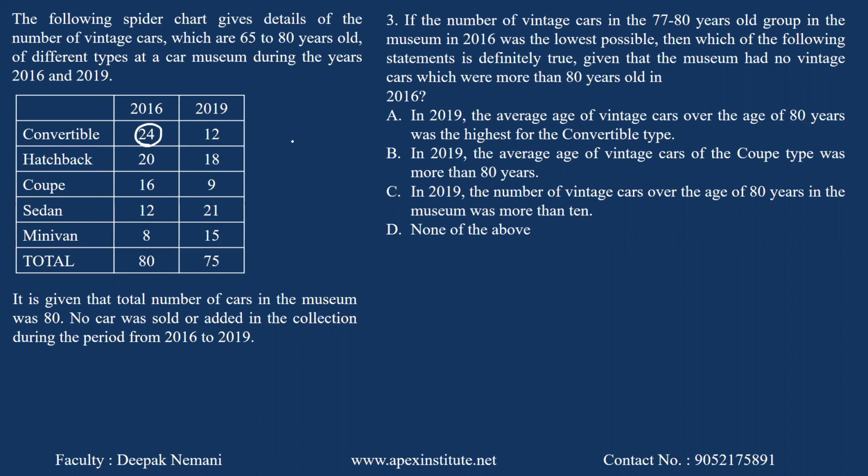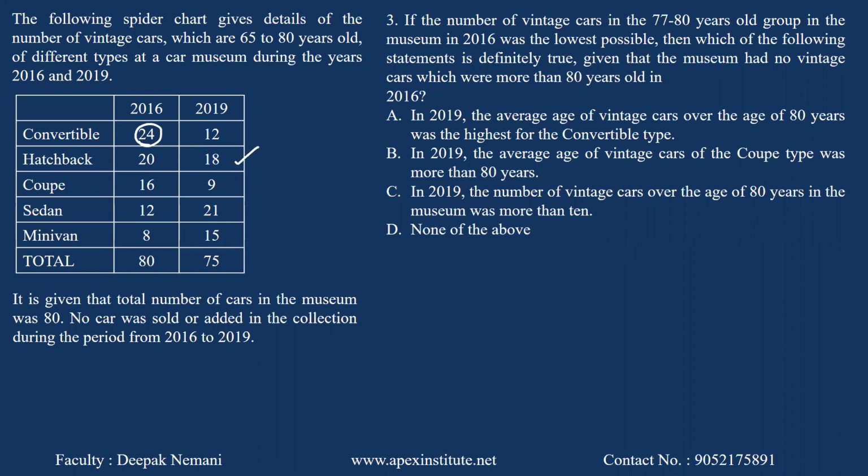So without the distribution we cannot say for sure that the average age of vintage cars over the age of 80 years was the highest for convertible type. For example, if I consider hatchback, what if the age of both the cars in the year 2016 was 80 years?